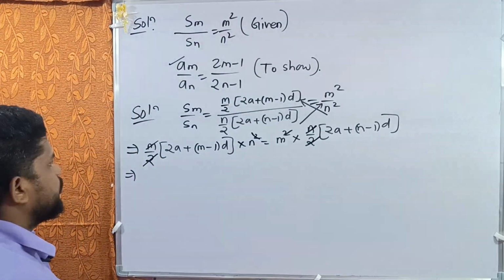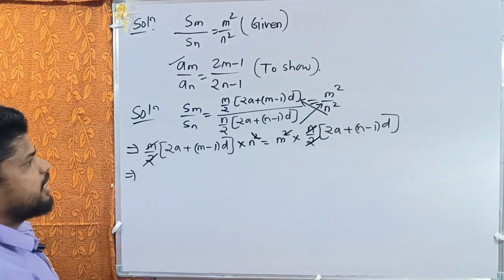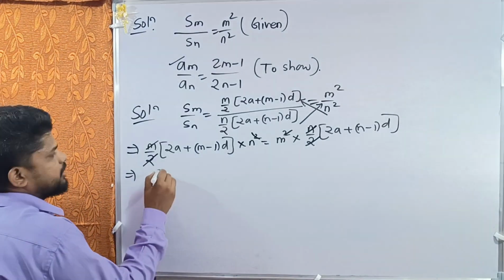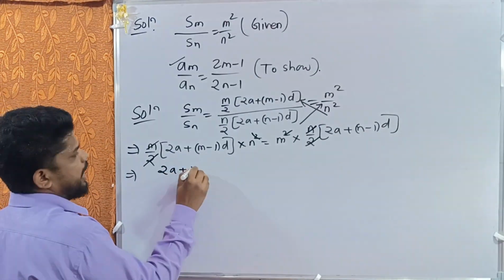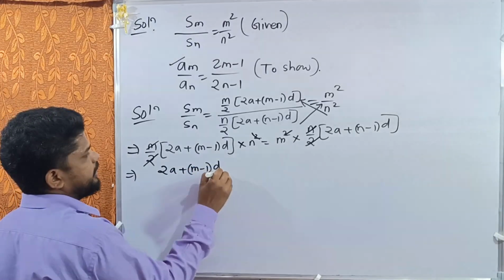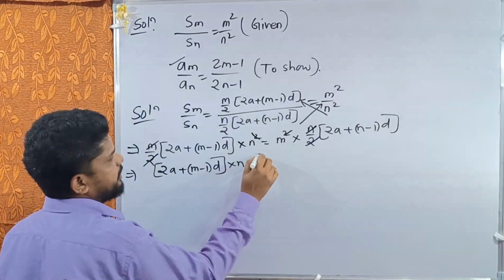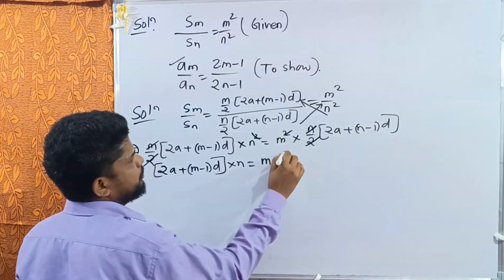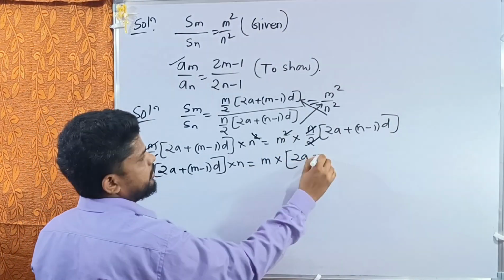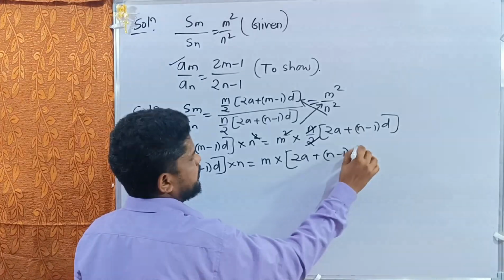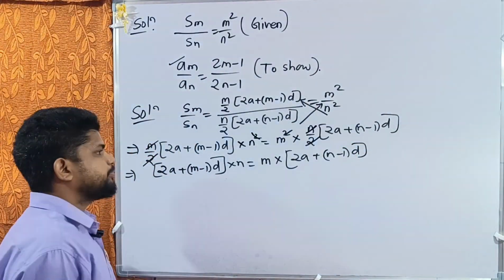What remains is n into (2a plus (m minus 1) into d) equals m into (2a plus (n minus 1) into d).